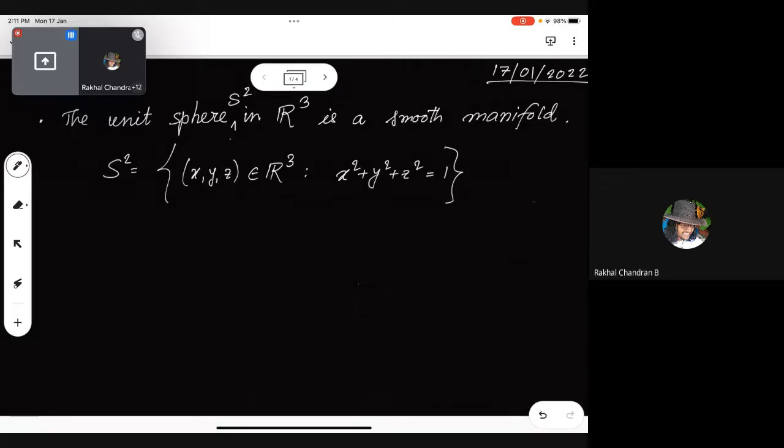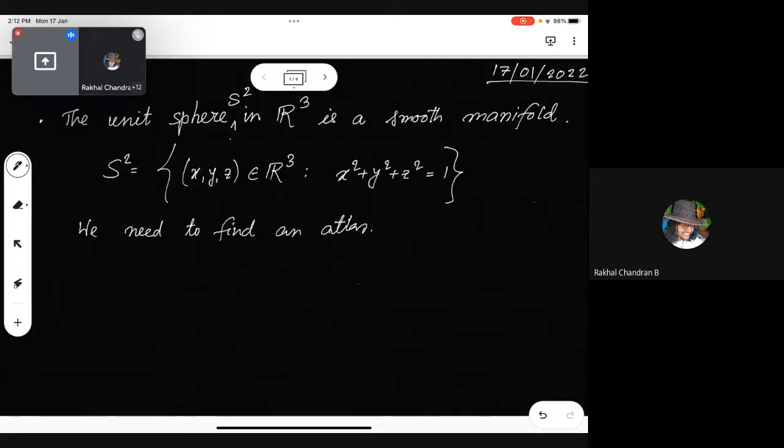So to show that, we need to find an atlas. You remember that once you have found an atlas, you have actually a unique differential structure containing that atlas. To show something is a manifold, what you need to find is an atlas.